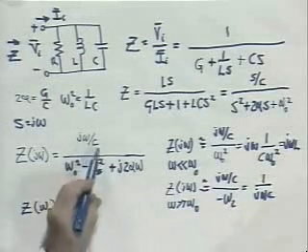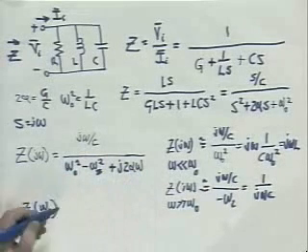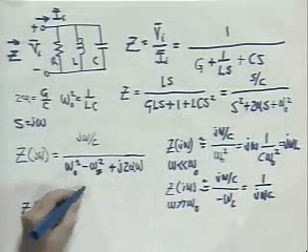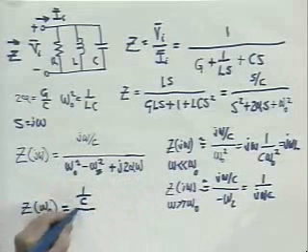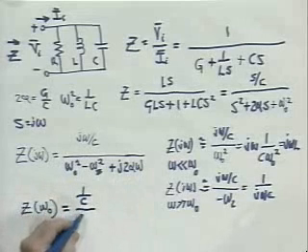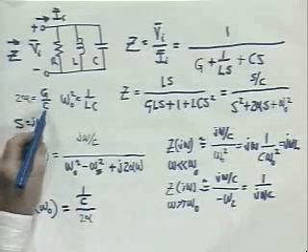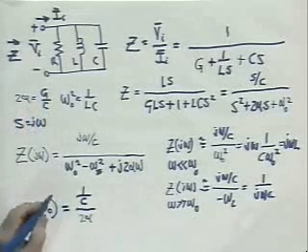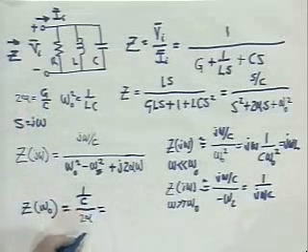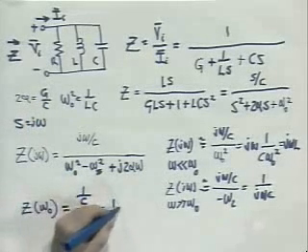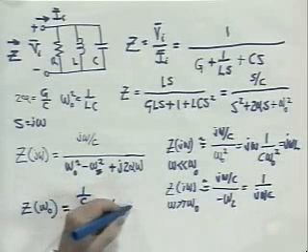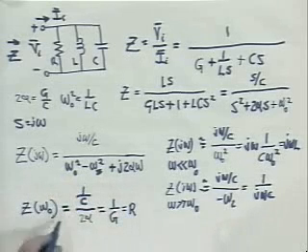The j's cancel, the omegas cancel, and I'm left with just 1 over C upstairs and 2 alpha downstairs. 2 alpha is G over C. So Z of omega naught, the C's cancel, is just 1 over G, or R. So at resonance, at the resonant frequency omega naught, the parallel RLC circuit looks like a pure resistance.